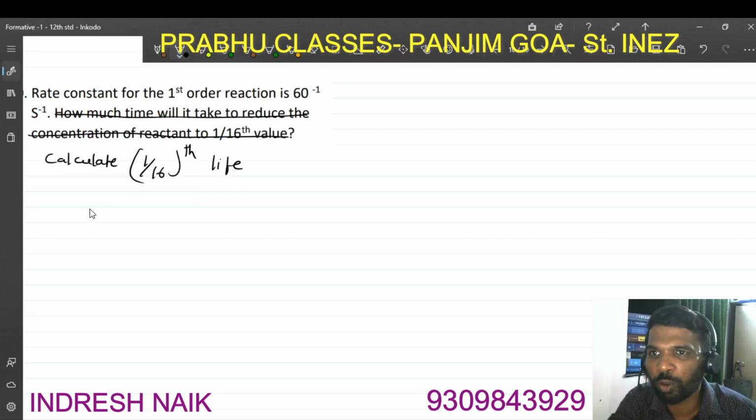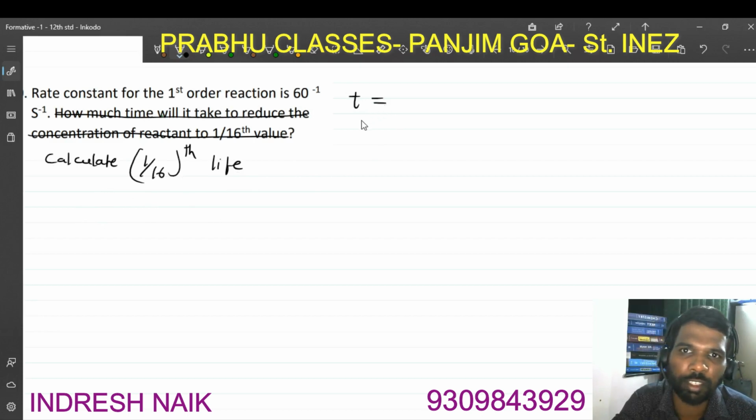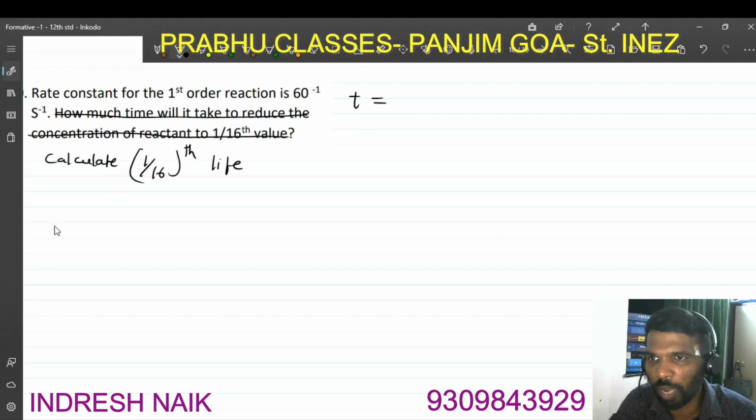So at that time, what you are going to write is this. What is the half life definition? By the half life definition, it is the time at which the concentration of reactant is reduced to half of its initial concentration, meaning 1 minus half, no? So 1/16th life will be 1 minus 1/16, or we can do it this way.